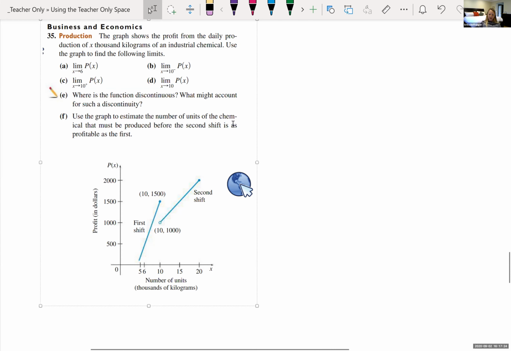We're going to answer where is the function discontinuous? What might account for such a discontinuity? And then use the graph to estimate the number of units of the chemical that must be produced before the second shift is as profitable as the first.